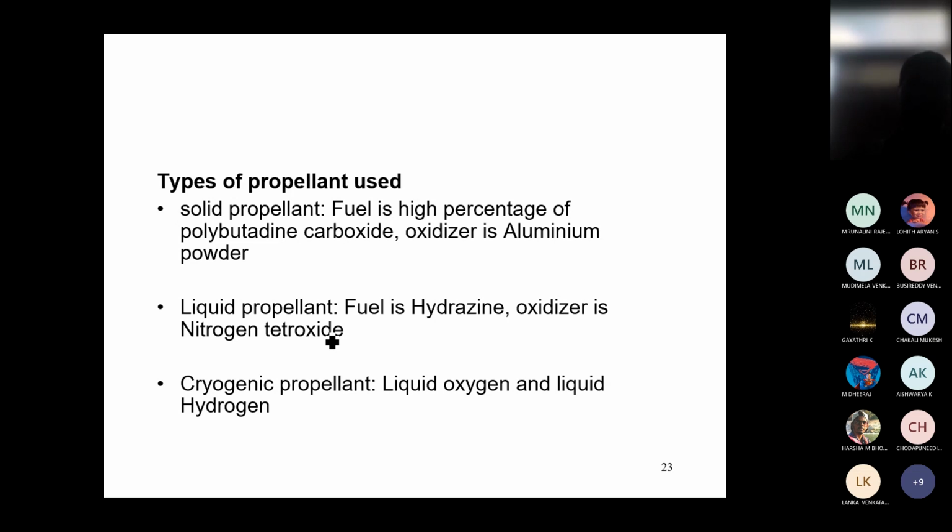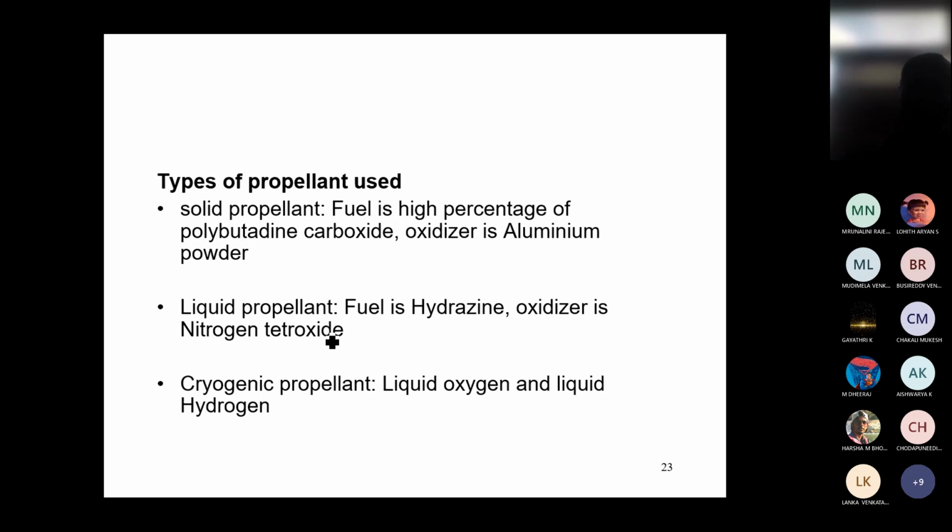Propellants are the fuels that the launch vehicle or the rocket is carrying. These fuels are only to launch the satellite or to put the satellite in the correct orbit. Once that is done, the job of the fuels is over, so they will be detached from the satellite and fall in the sea.